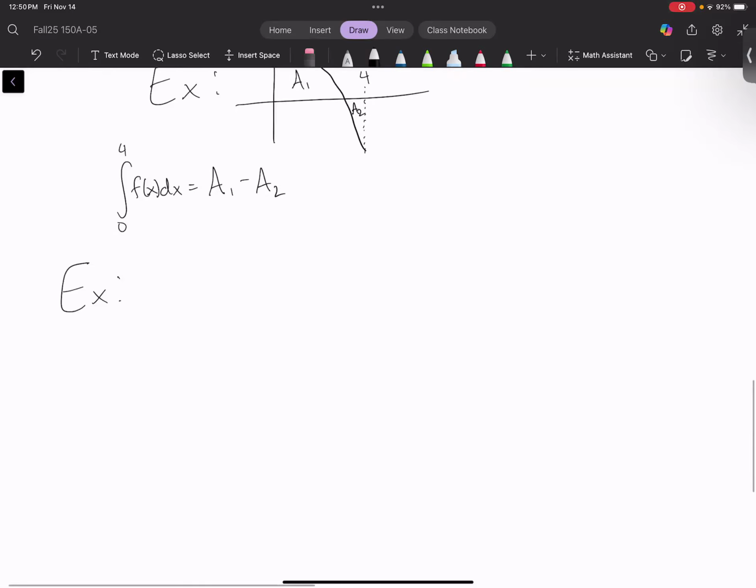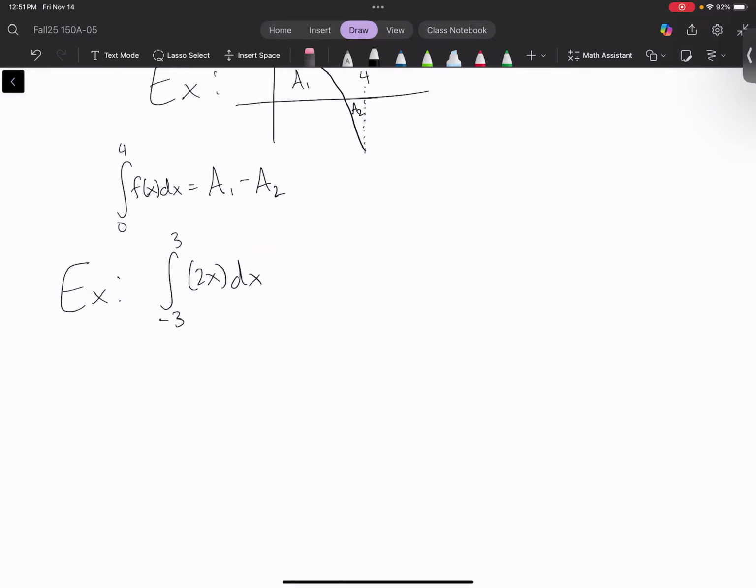So let's try this with an example. Let's find the integral negative 3 to 3 of 2x dx. For this one we could do the definition of the integral, but it would be a lot of work. Geometrically is quicker, especially because I know what 2x looks like. That's a line.